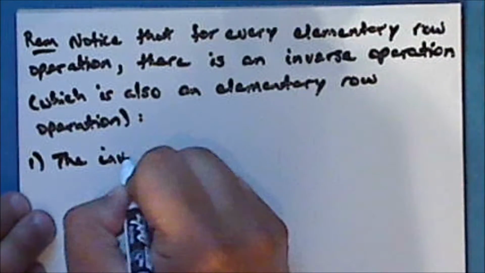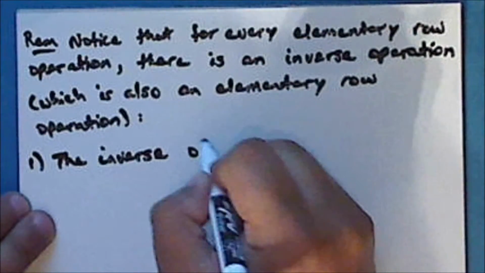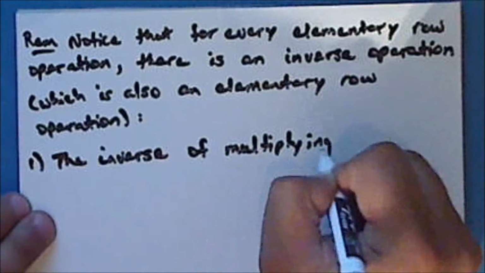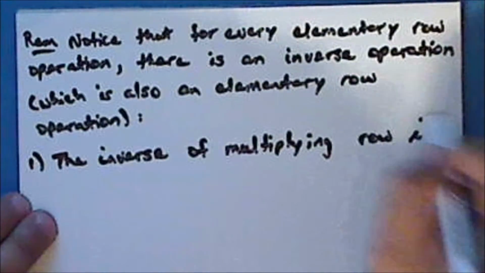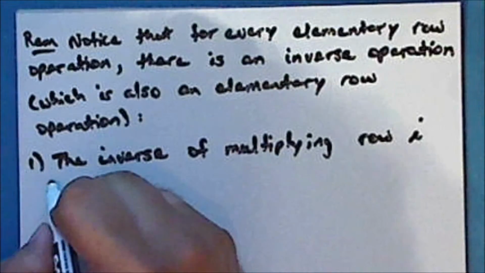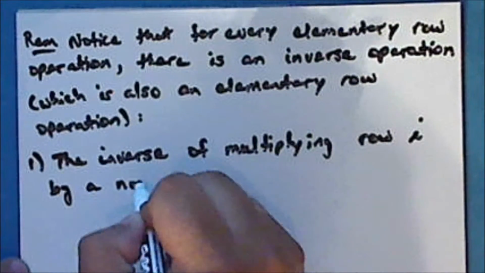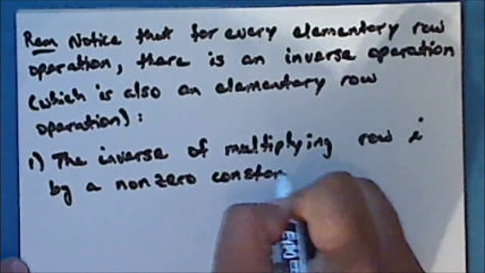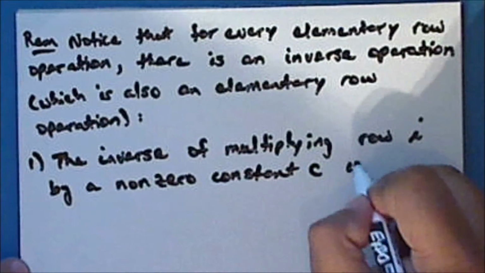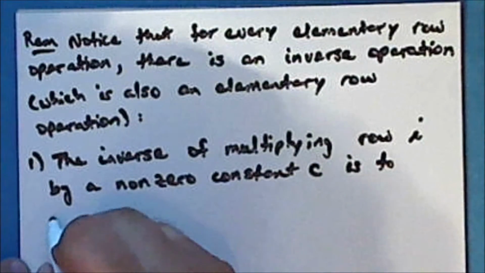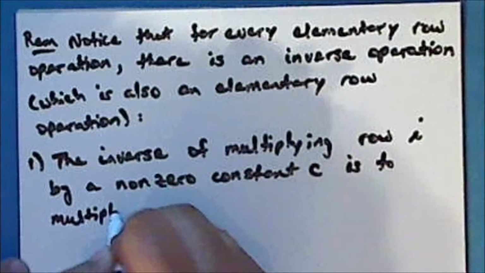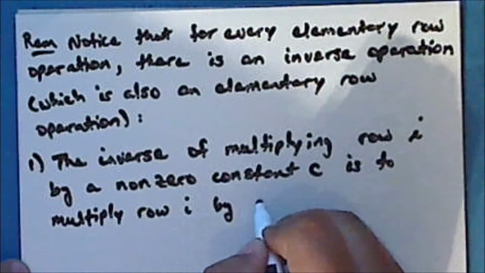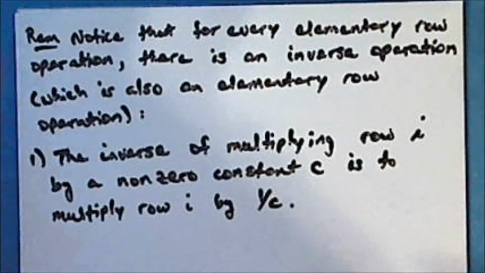The inverse of multiplying row I by a non-zero constant, which we'll call C, is to multiply row I by the reciprocal of C.